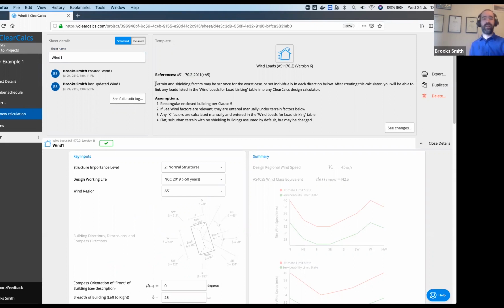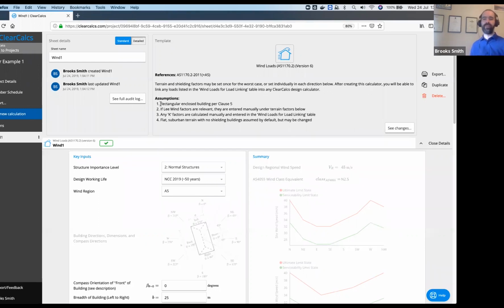In our calculator here, we allow you to set the terrain and shielding factors once for just the worst case, or you can set it individually for each direction. After you create the calculator, you'll be able to, we haven't quite implemented this fully yet, but you will very shortly be able to link any loads listed into any of our design calculators for beams or columns. So you'll use this calculator once in your project and then link it into everything else.